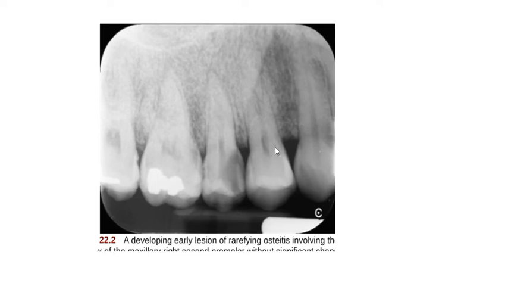So these are the clinical changes that may indicate a periapical inflammatory process in a given case.